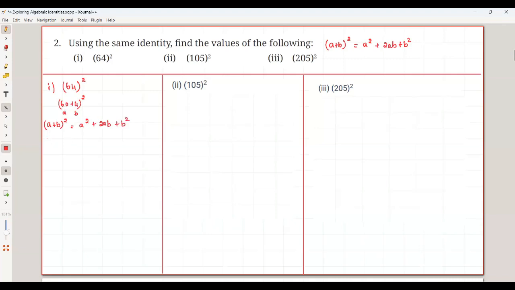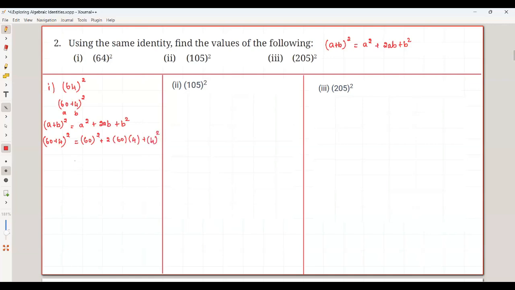That means we'll be getting 60 plus 4 the whole square is equal to 60 square plus 2 into the A value 60 into the B value 4 plus B square, 4 square.